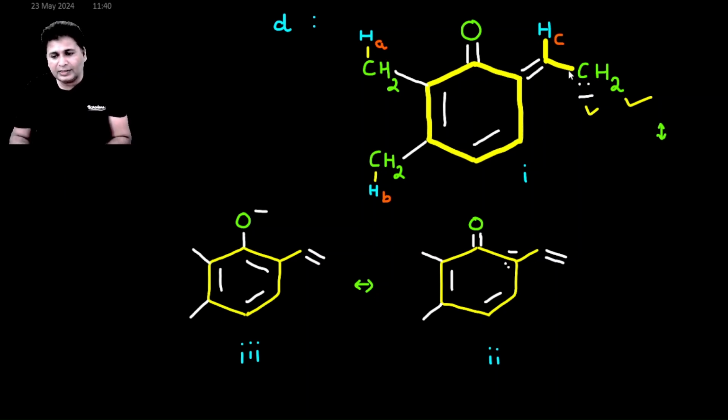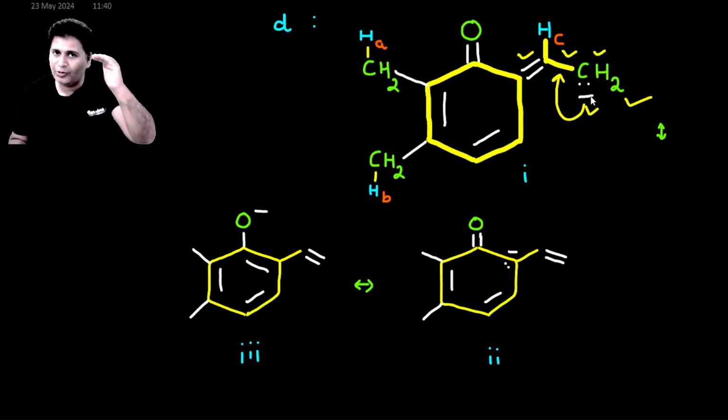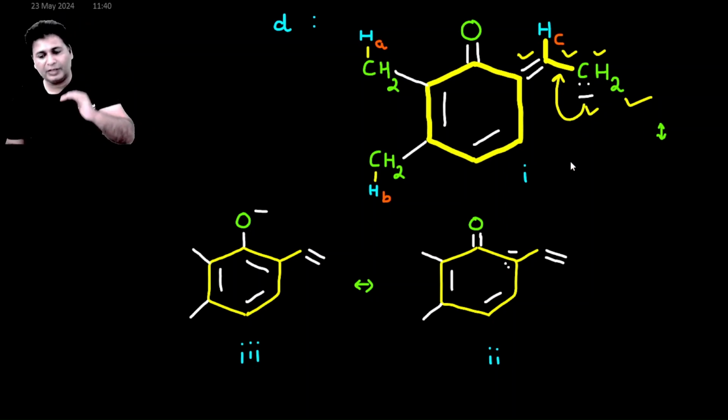How? Minus, single, double. You just spread these two electrons to make a new pi bond, and from this carbon the electrons are going away. It will get a plus charge, but earlier it had a minus charge. Plus minus becomes 0, so the formal charge is 0.